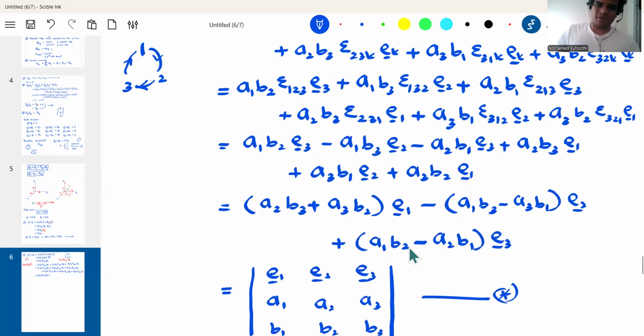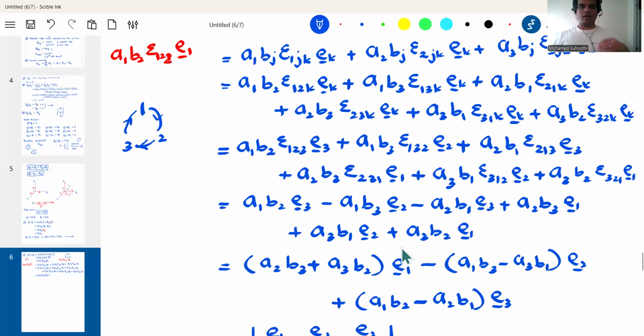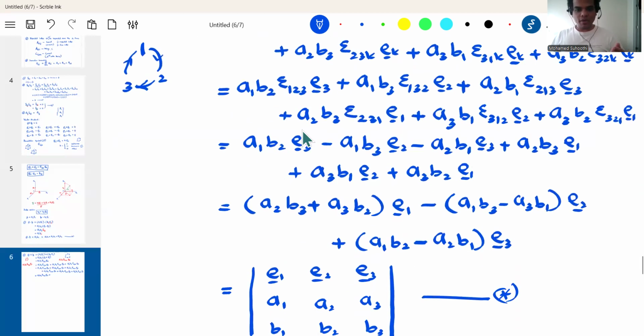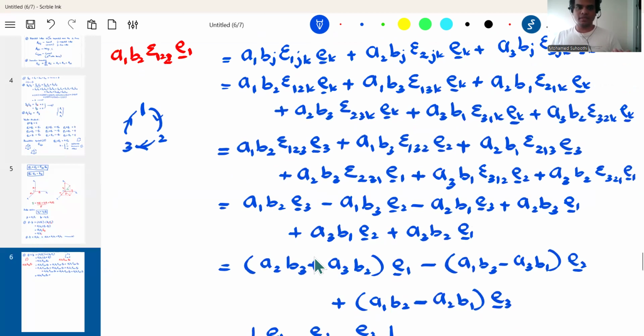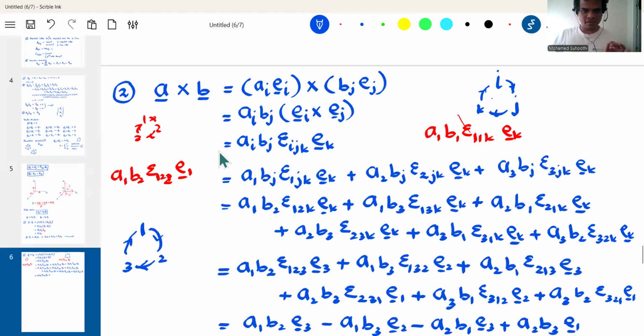The same thing you obtain here. You see, rather than writing this much long expression, simply we write this one, right? So this is the benefit of our index notation, right?